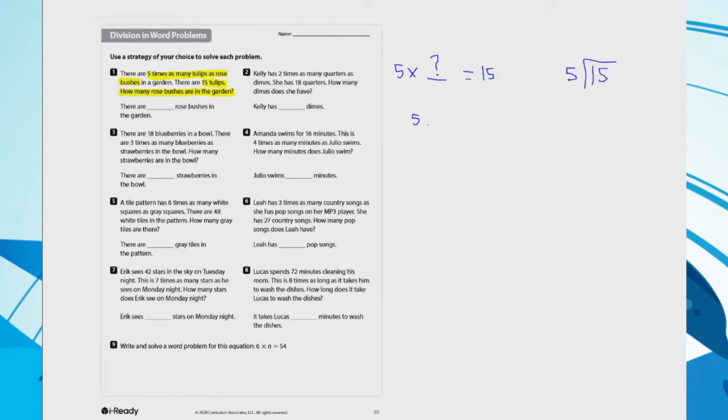So 5, 10, 15. How many times did we have to skip count? 1, 2, 3. So it looks like 5 times 3 is equal to 15, which means we have 3 rose bushes in the garden, because there are 5 times as many tulips as rose bushes. There are 15 tulips, so our 3 rose bushes times 5 equals 15.